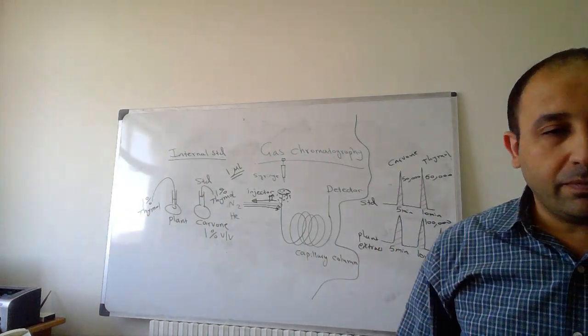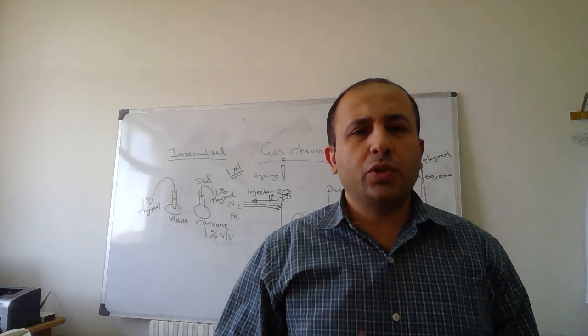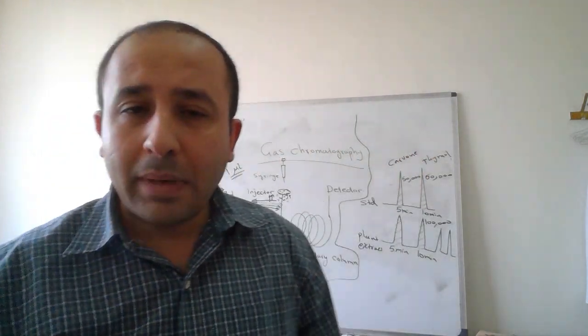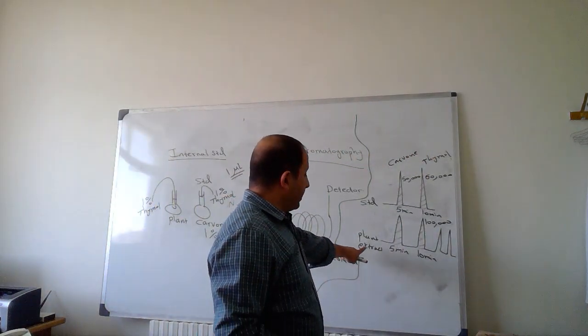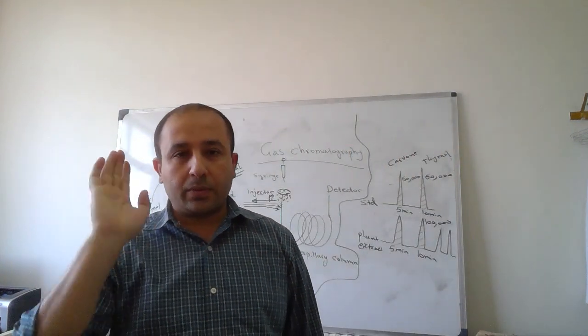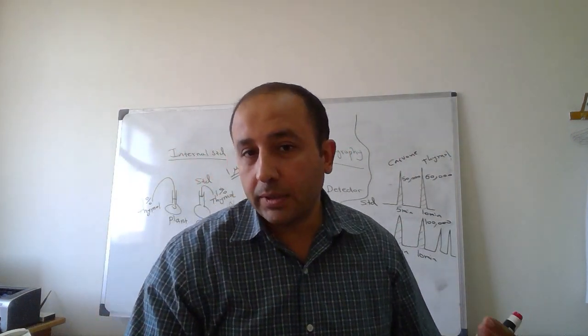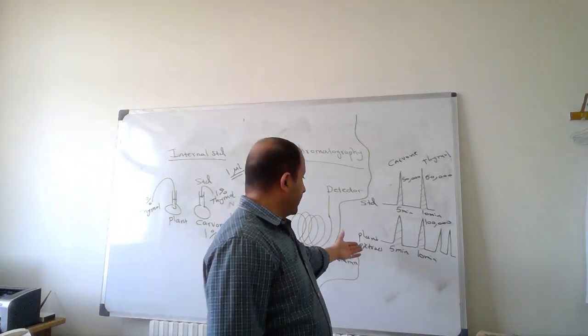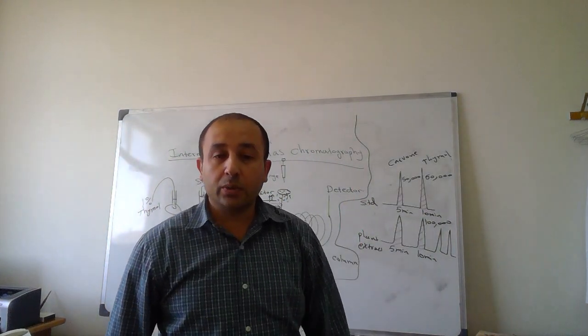So I will assume anything I want, just double. Instead of injecting, for example, 1 micro, I inject in the plant extract 2 micro. Or instead of 2 micro, I inject 4 micro. I double the quantity in the plant extract compared with the standard container.